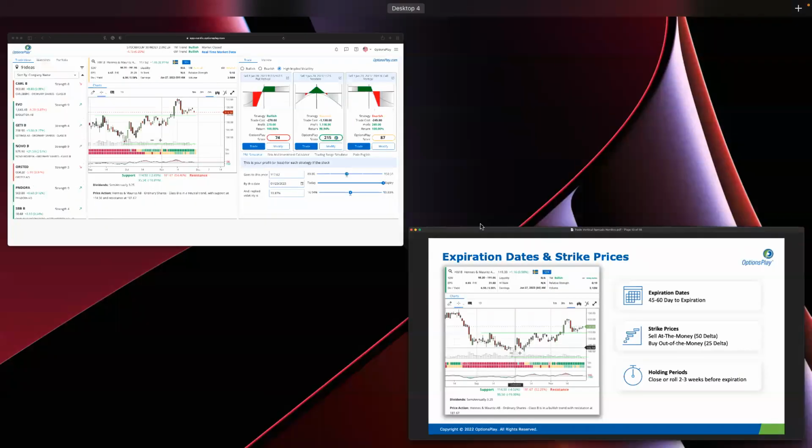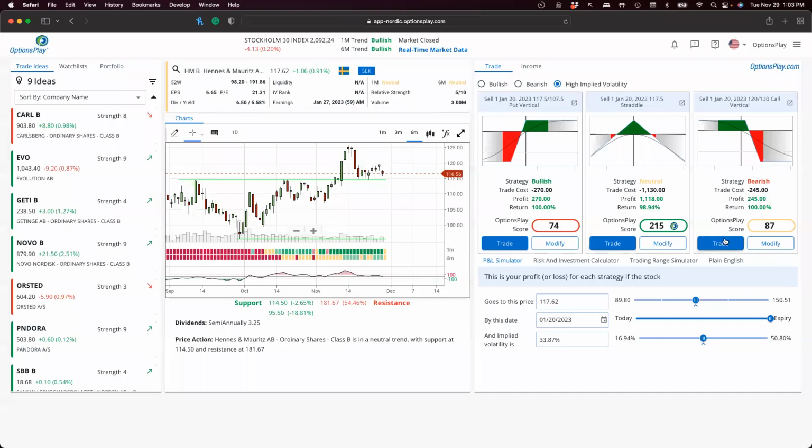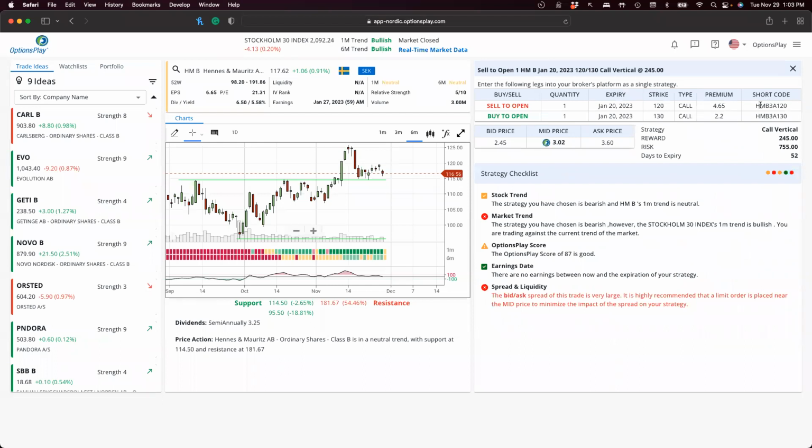You can do them on your own. And if you're ready to execute these trades in your broker's platform, you can click on the trade button. And we have the short code that you can copy and paste into your Nordnet account, your Avanza account, and you can search for the options for these strategies using Nordnet, using the short code, and you will be able to find this exact expiration date and strike price to enter into your platform.